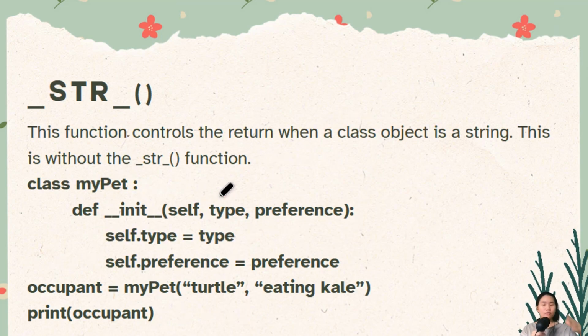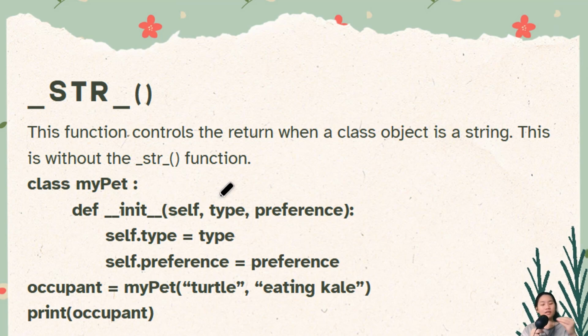Okay. Let's move on to the next part, the string function, which controls the return when a class object is a string. This is without the string function. What I mean is the example down here. I will show you what it's like without and with the string function.